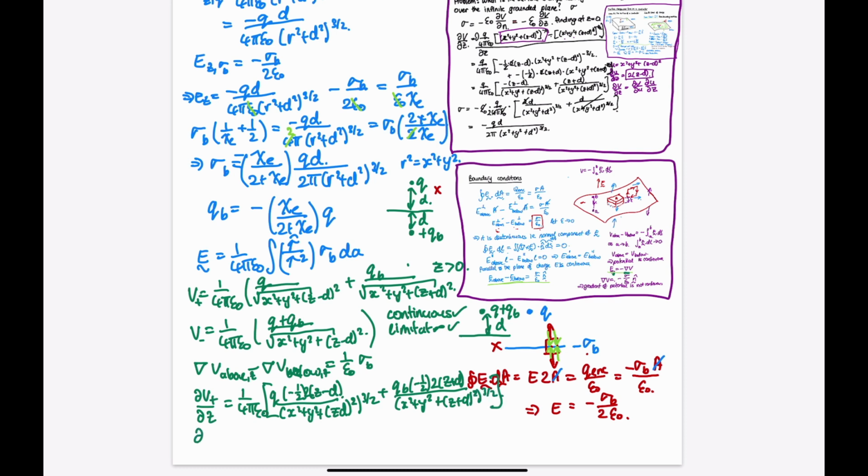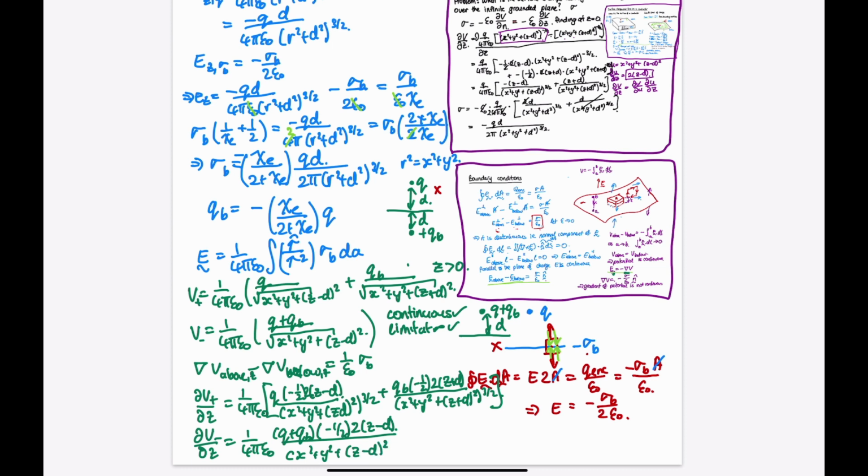Okay, and the derivative of the other one, this one here, with respect to z is 1 over 4 pi epsilon naught, and then we've got q plus qb times minus a half times 2 times z minus d over x squared plus y squared plus z minus d squared.